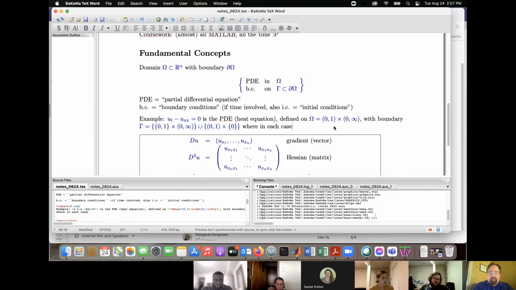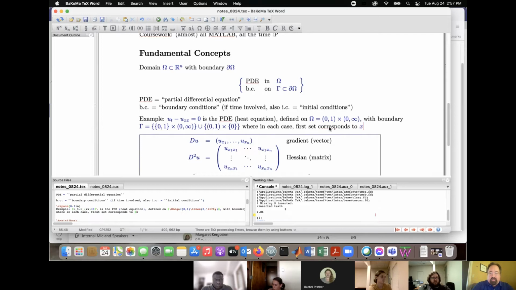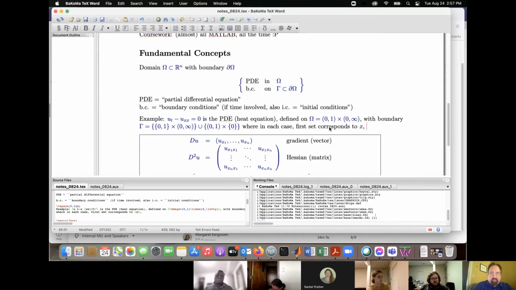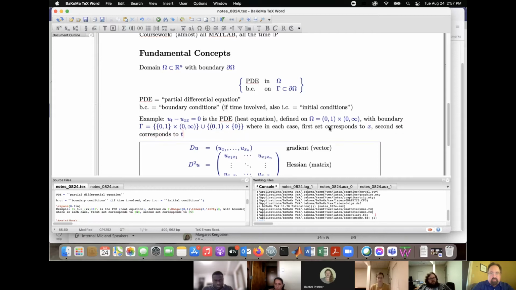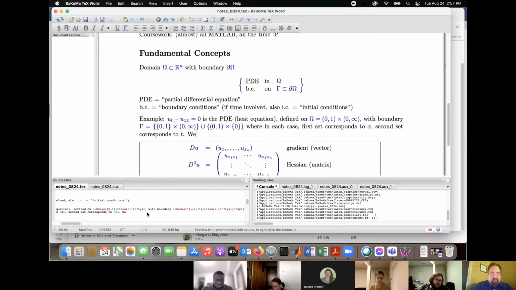So to explain my notation here, in the first set, I always put the set for x first. So boundary conditions are specified for both of these sets.